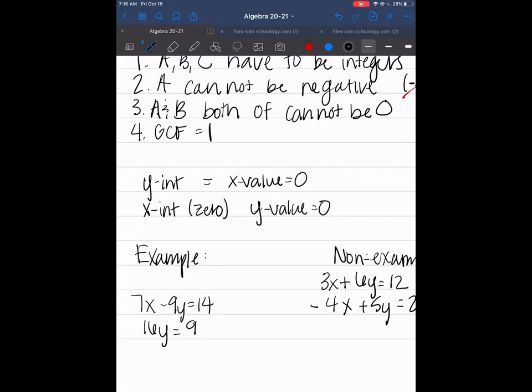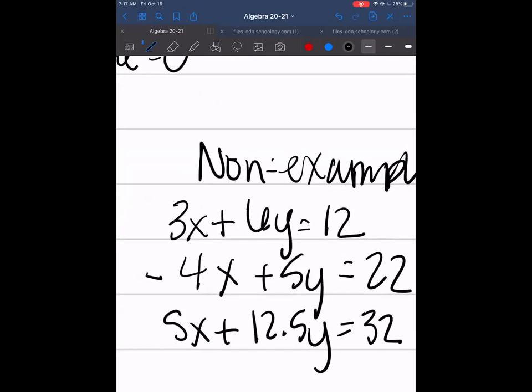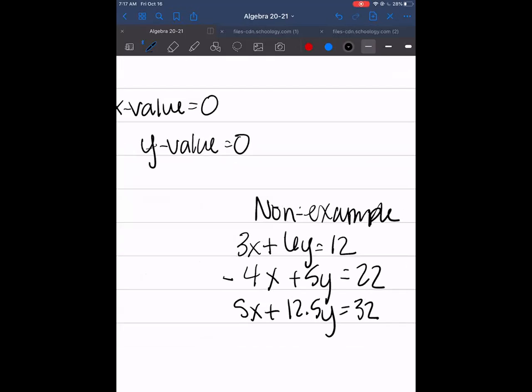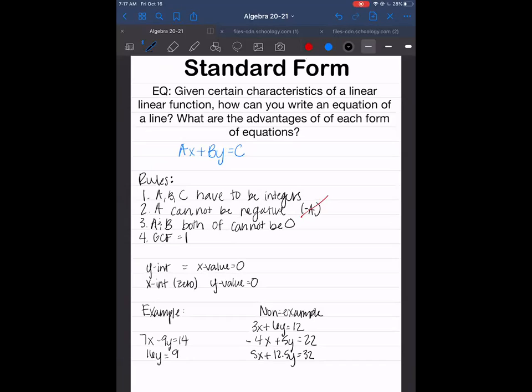So where A is 0, that's okay, as long as B is not 0 at the same time. Another example, if I had 5x plus 12.5y equals 32, because we have a decimal, B is not an integer, so that would not be an example. So that's kind of an idea of what standard form is.